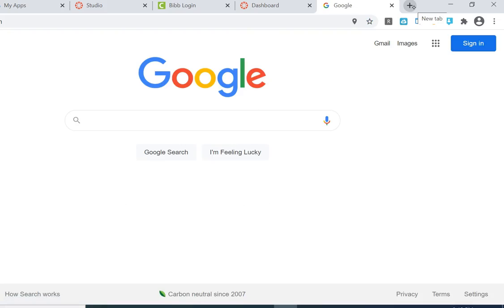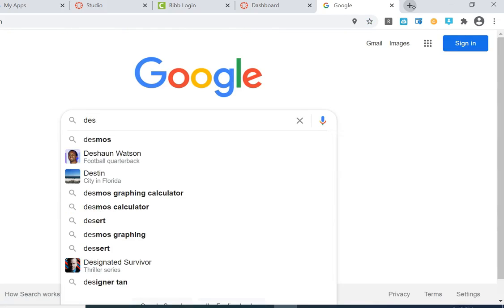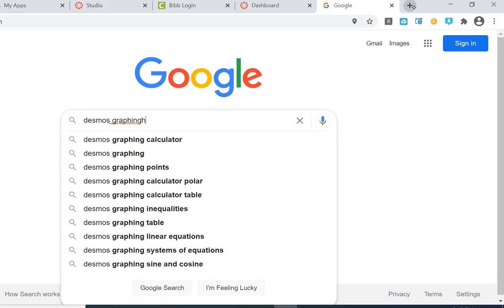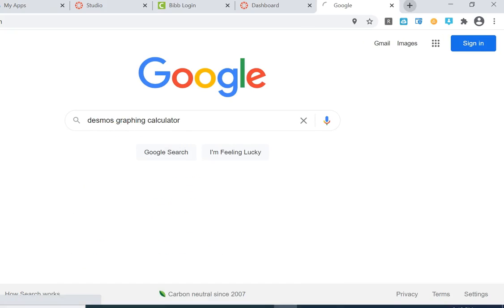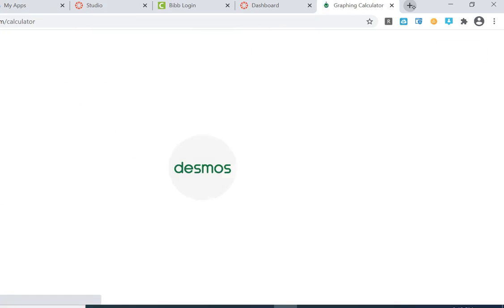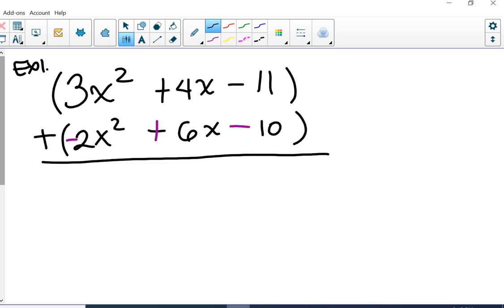Have this open just to check yourself, and Google Desmos graphing calculator. With the Desmos graphing calculator, you can use it like a regular calculator, okay? So we want to find 3 plus a negative 2.